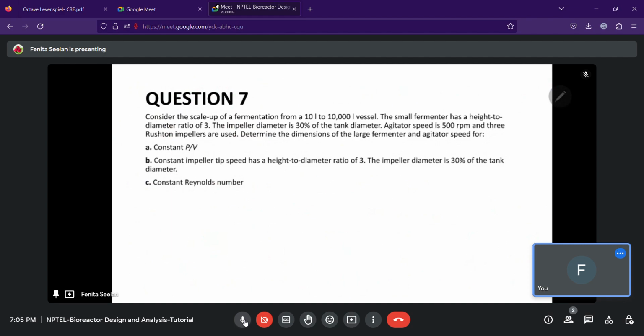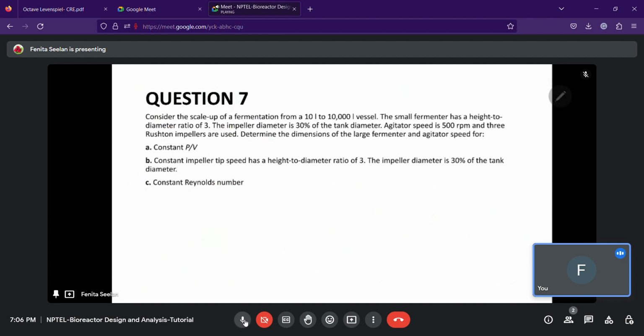So I hope you understood the previous problem, and let's start solving question number 7. So please take a few minutes to read the problem. I'll also read. So consider the scale up of a fermentation from 10 meter to 10,000 meter vessels. The smaller fermenter has a height to diameter ratio of 3 and the impeller diameter is 30% of the tank dia.